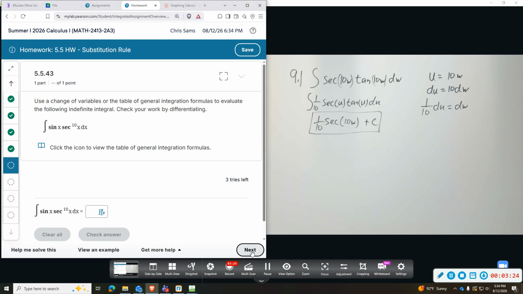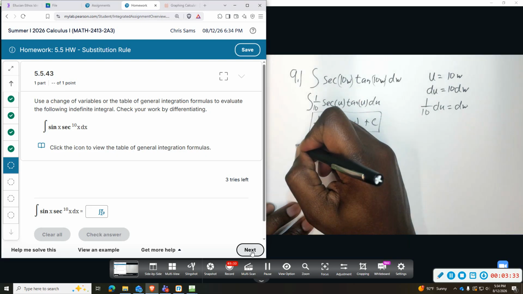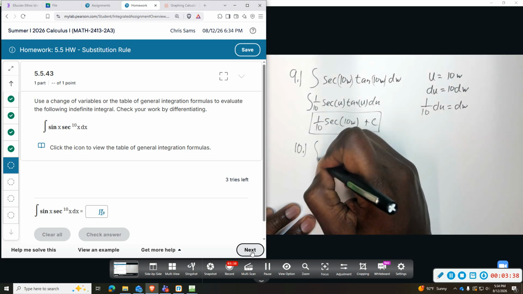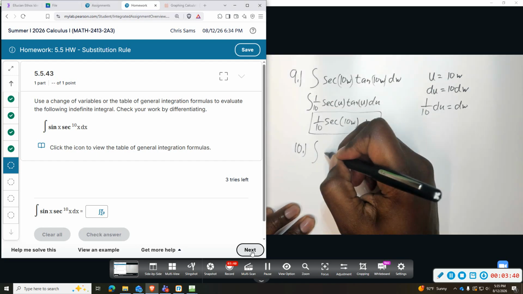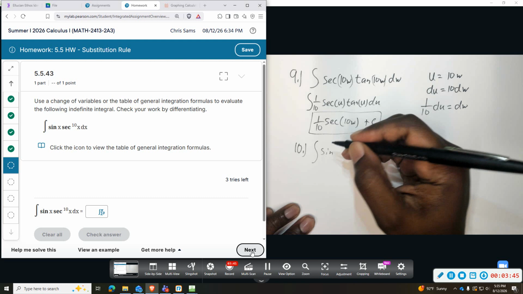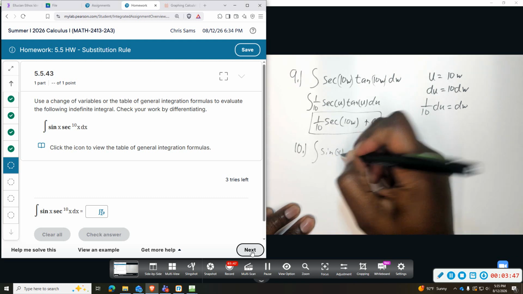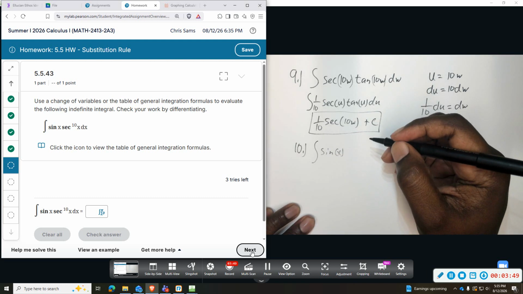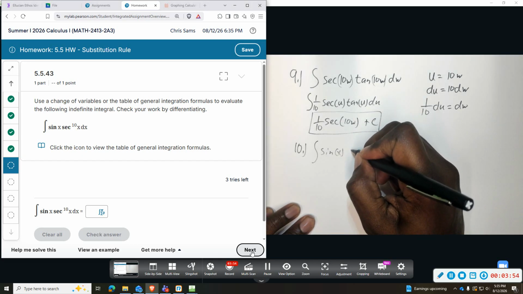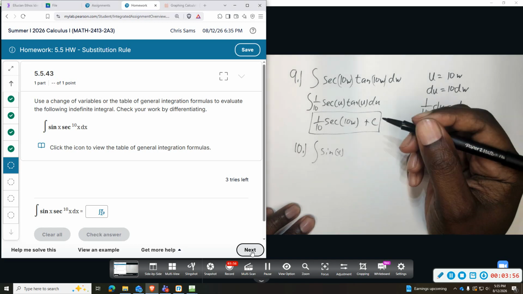All right, number 10, again, we want to use a change of variable. So we have the integral of secant or sine x, and then we have secant, which comes from 1 over sine.